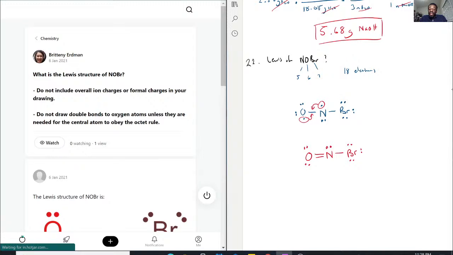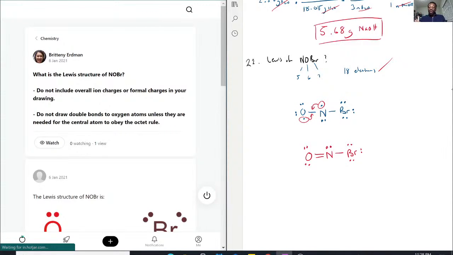But let's see now in regards to its formal charges and in regards to the total electrons. Let's start with the total electrons. We want 18 electrons, and we have in total 6 lone pairs and 3 bonds. So it's 9 in total times 2. We have 18 electrons. Perfect.